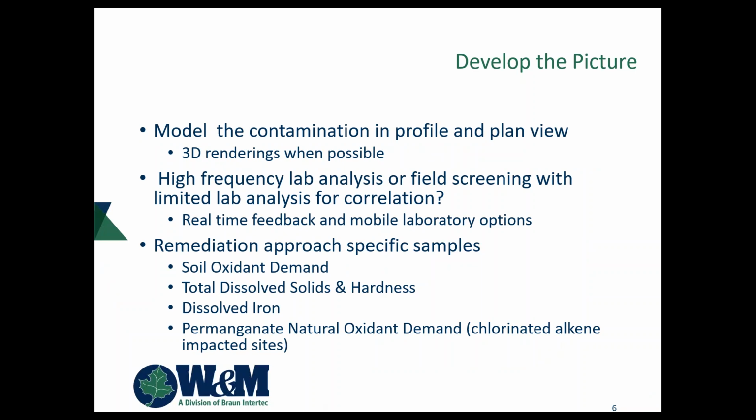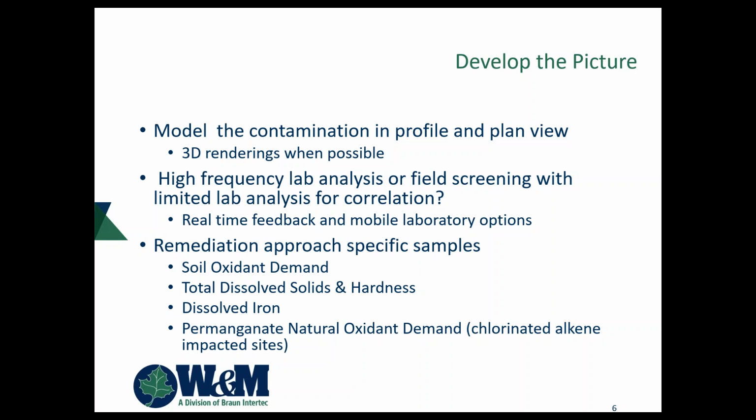Okay. So you can take all that data from the HRSC high-res stuff or from soil samples, and you want to be able to model where your contamination is at from a profile view for a cross-section and from plan view. So we know the aerial extent of what it looks like, and we know, at lots of multiple points, what the vertical extent is.